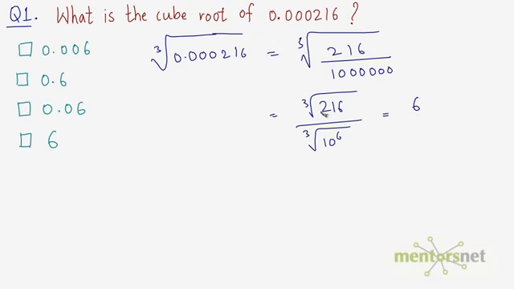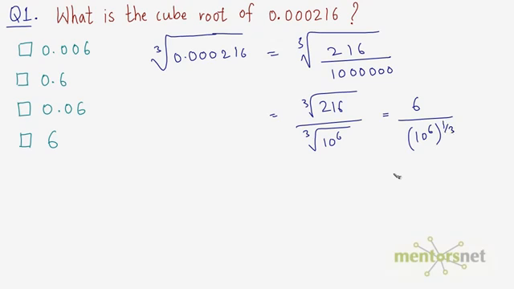If you don't know, then you can calculate the cube root of 216 by representing 216 as a product of its prime factors and taking the root of both the sides of equal to. So this is 6 divided by cube root of 10 raised to power 6, which can be written as 10 raised to power 6 raised to 1 by 3.